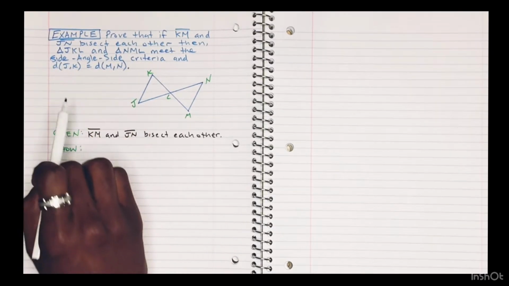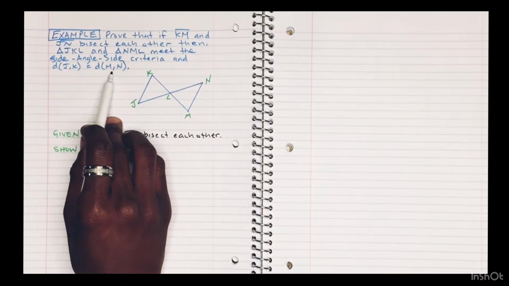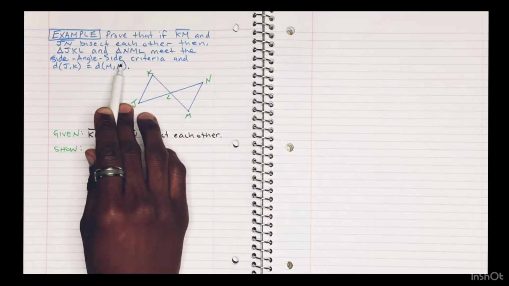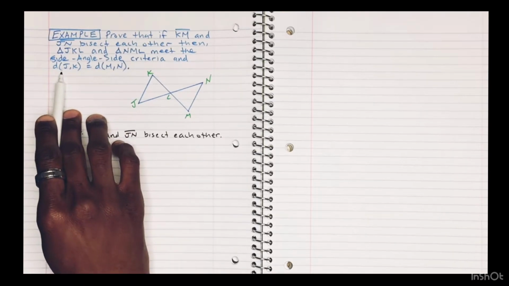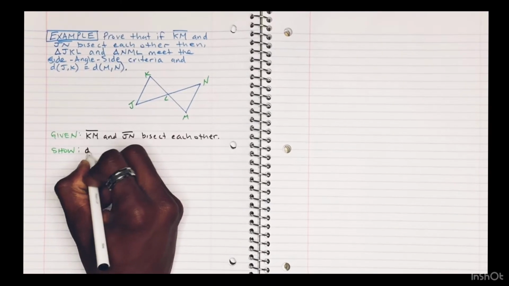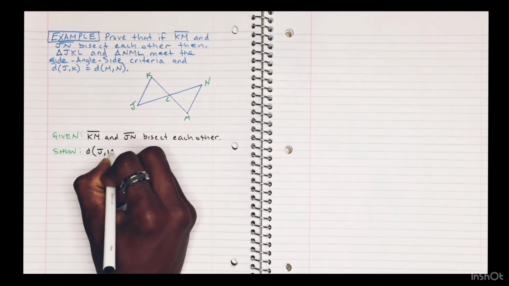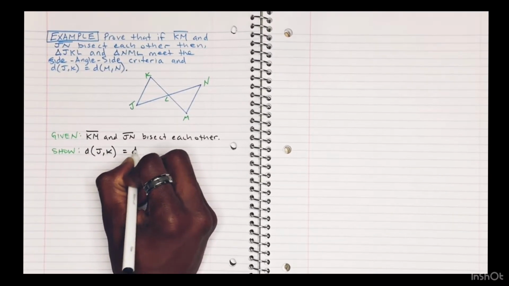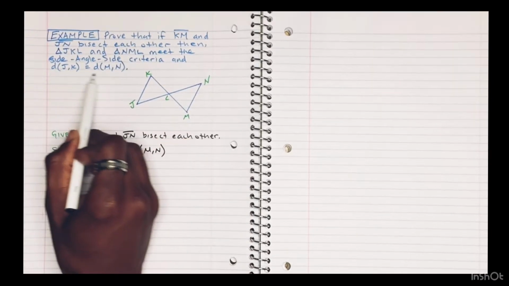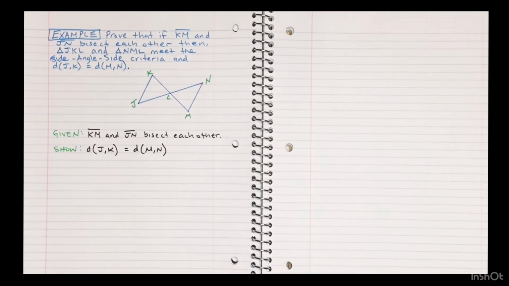I'm just going to put the distance between J and K equals the distance between M and N, because I'm actually going to find side angle side before I find these distances. And that comes from right here. So that's our given and our show.